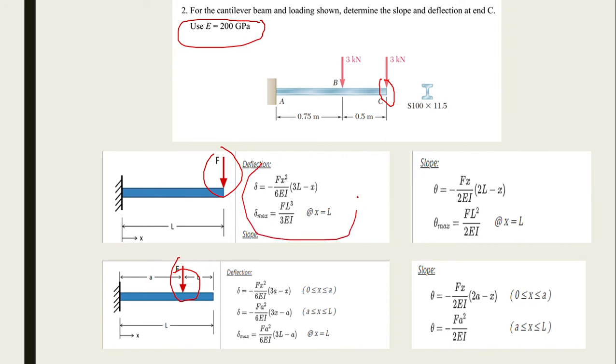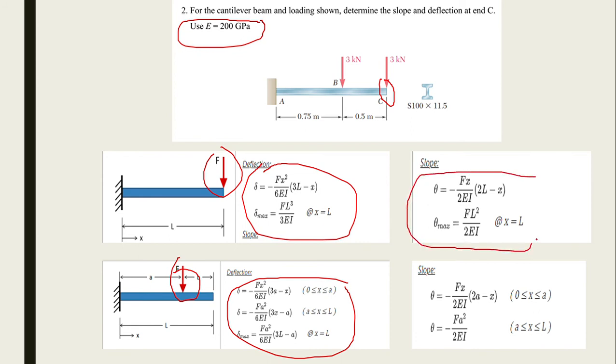We will use this important equation. We don't have to derive it because we can find it easily. We will use these properties to find the deflection and slope at the end, C.